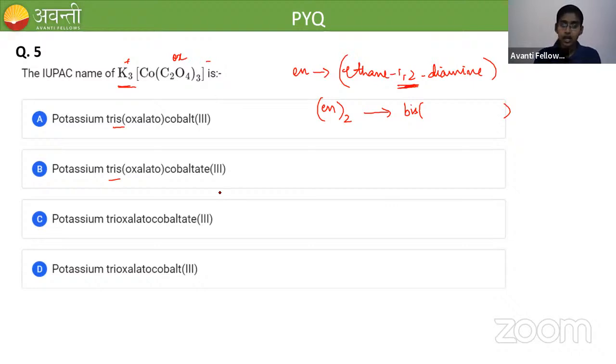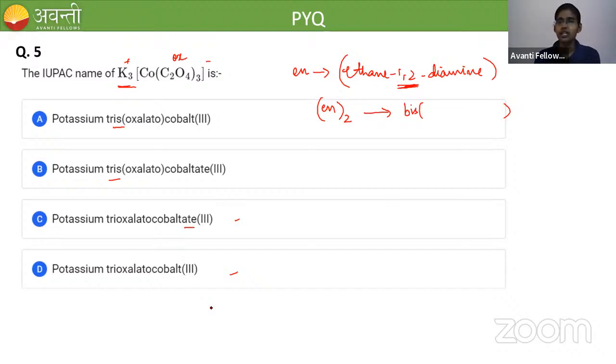trioxalato, and now the difference between options C and D, which is correct: cobaltate or cobalt. In one of the IUPAC rules of coordination compounds, you might have come across this: if the coordination entity is the anion, then you have to end the central metal atom name with ATE.